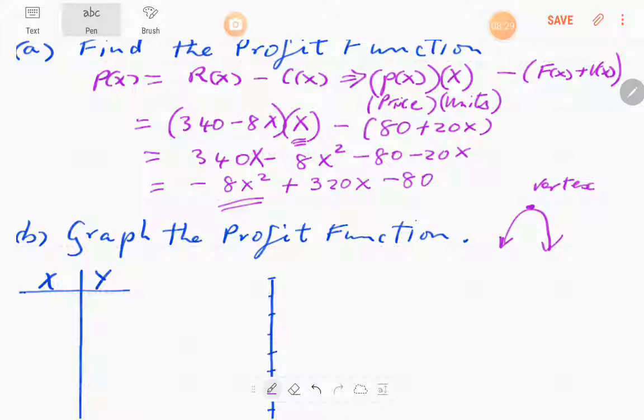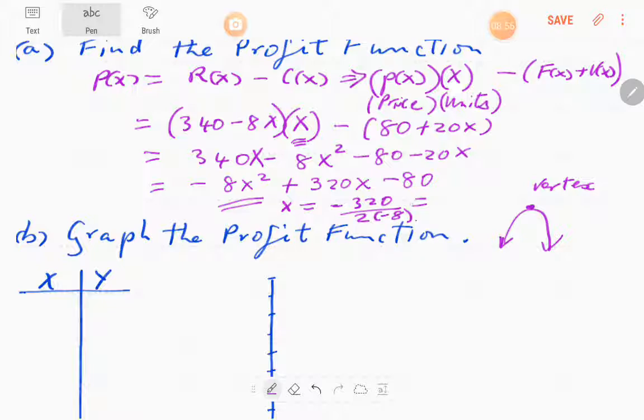So in graphing this type of function, I like to find the vertex first. To find the vertex, the x value of this vertex would be given by minus b over 2a. So the x value would just be minus b, so minus 320 over 2 times minus 8.